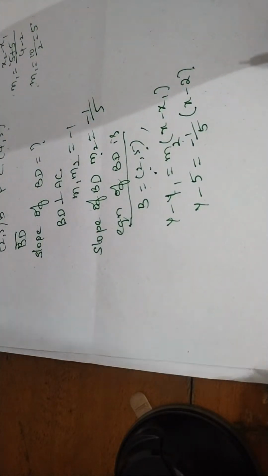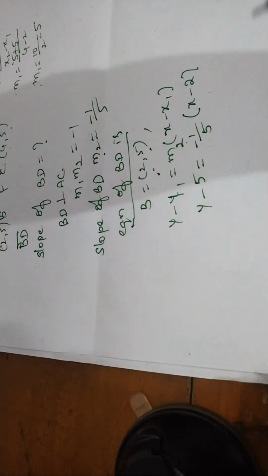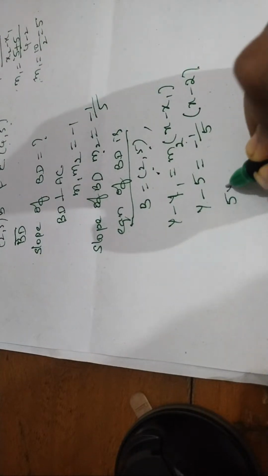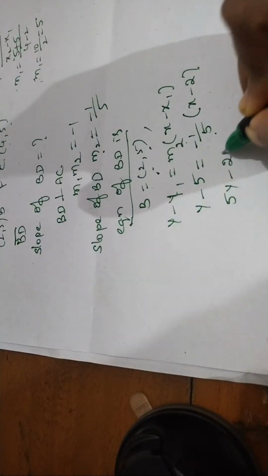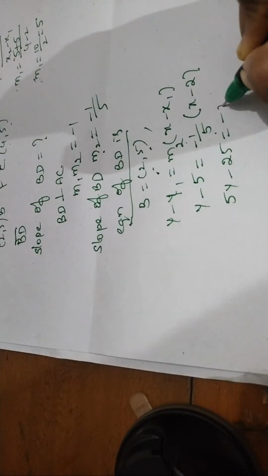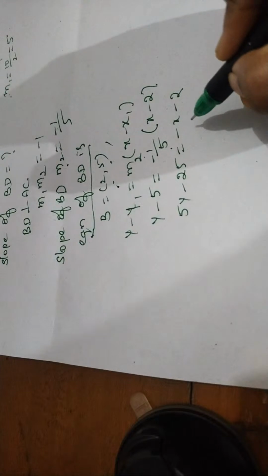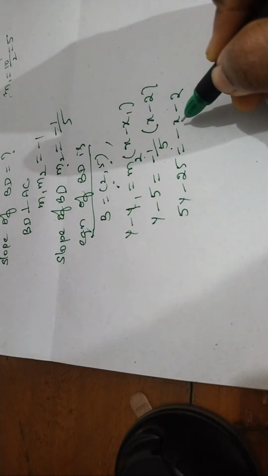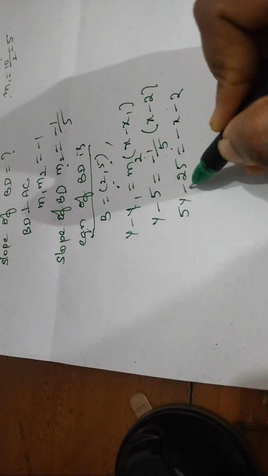So after this we simplify. So 5 into y minus 5, so 5y minus 25. That equals minus x minus 2. Here we always consider x as positive. So move this minus x to the left hand side.